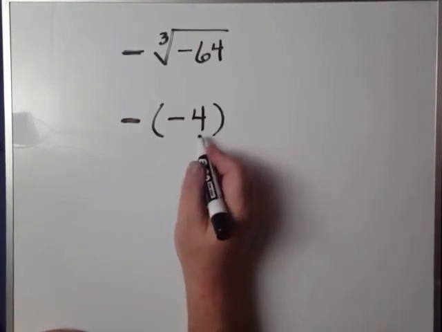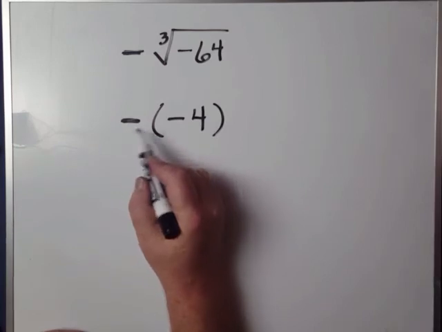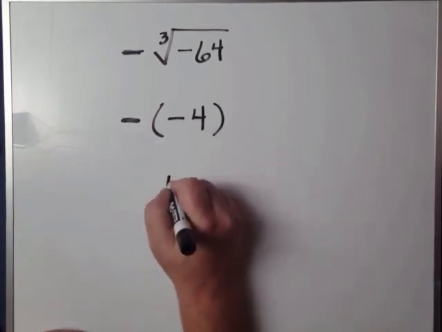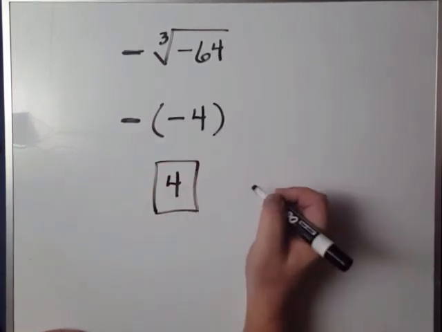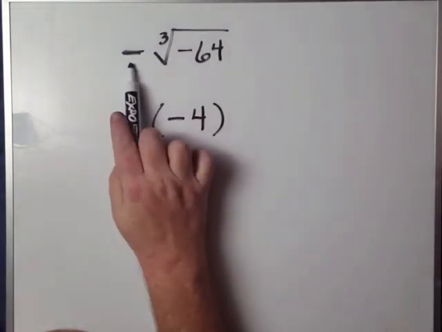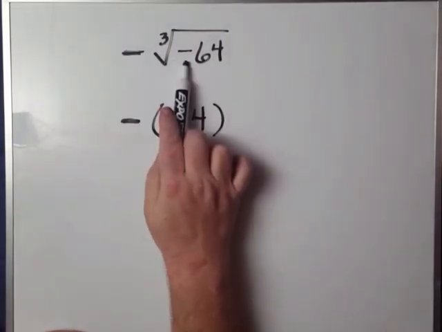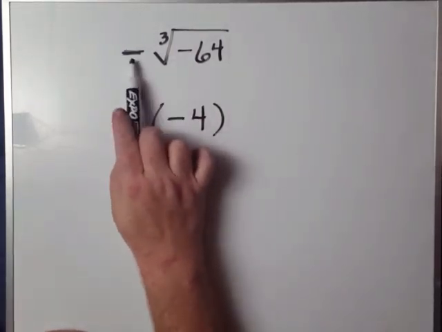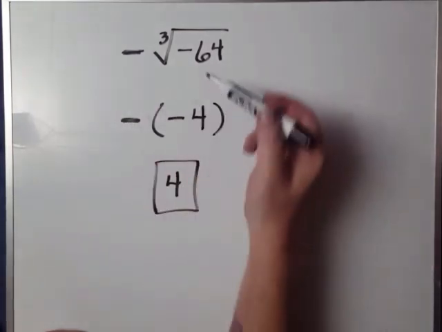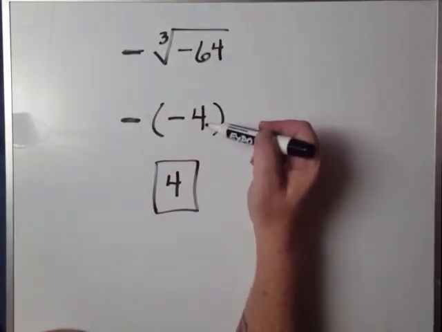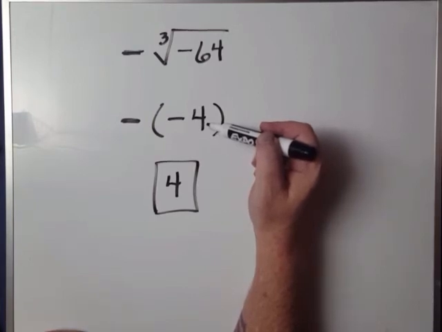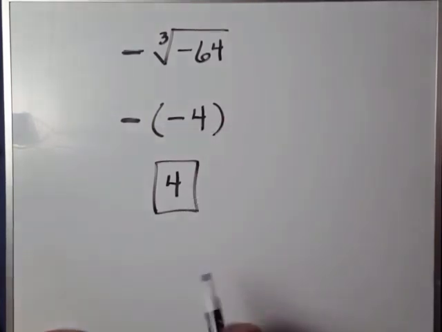Negative negative 4, or what? The opposite of negative 4 is positive 4. Not because these two negatives can see each other initially, but because our floating negative finally gets together with the result of this cube root, which also happens to be negative. And those two negatives give me my positive answer.